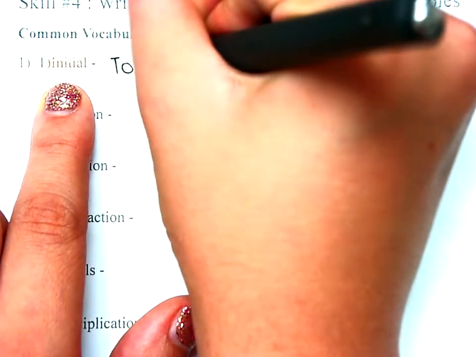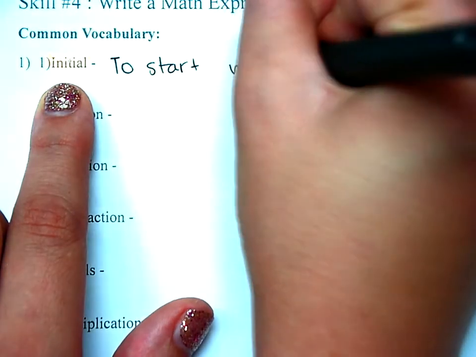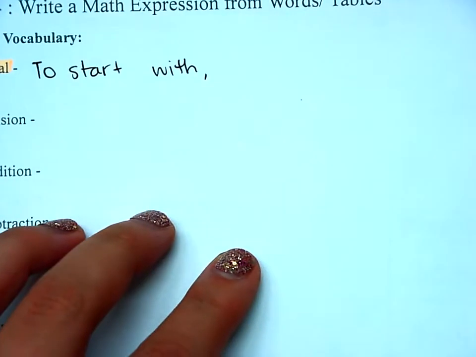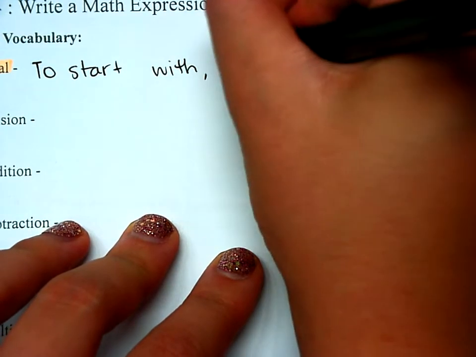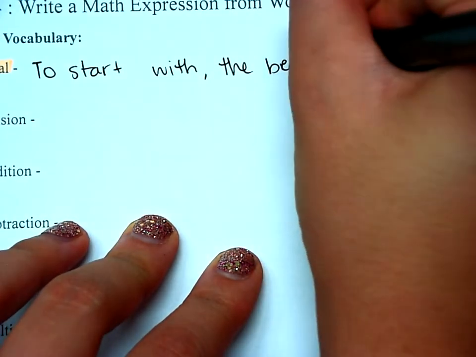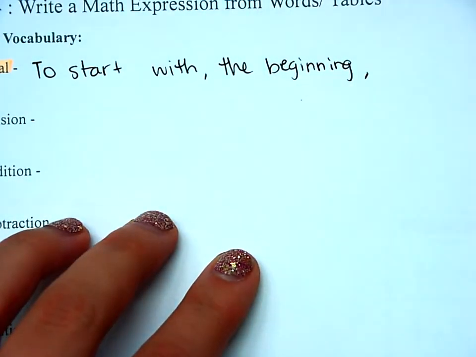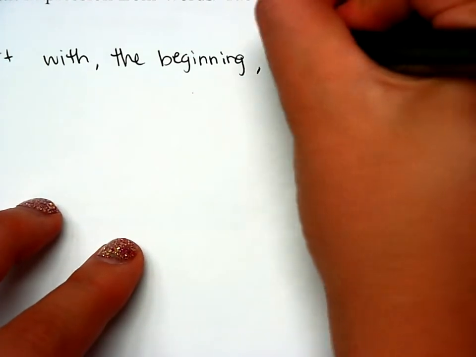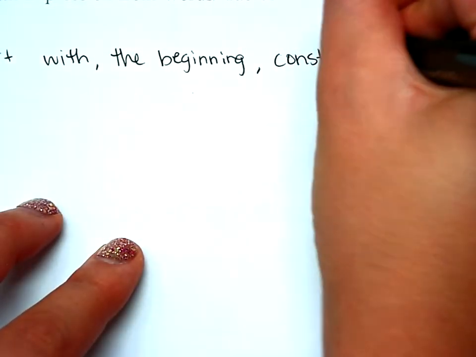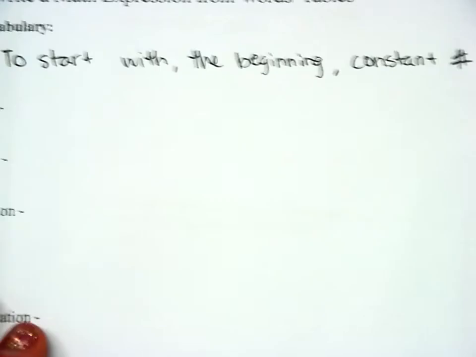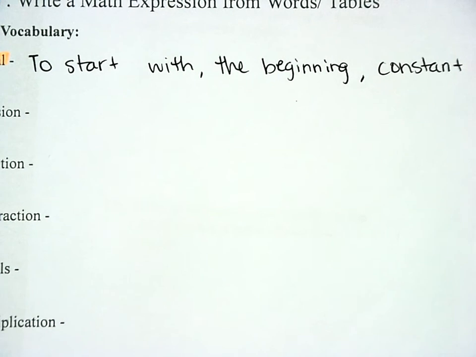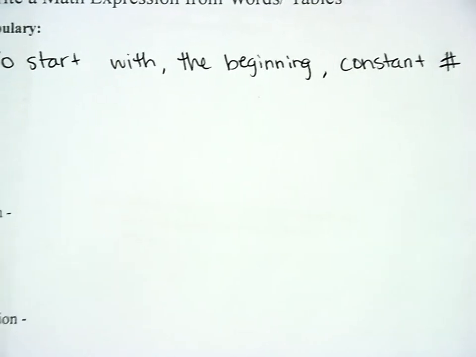We could think of it as the beginning. And mathematically, this is a constant number. That means it doesn't change. So we're not going to add it to something until we have every other piece of our expression. It's just a number, and it's going to look like just a number in our equation or expression. So it's a constant number.